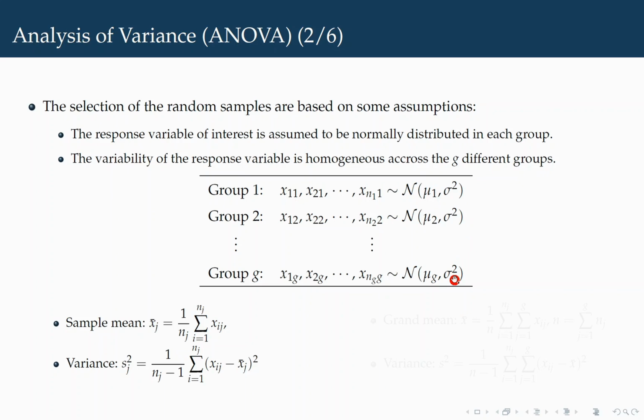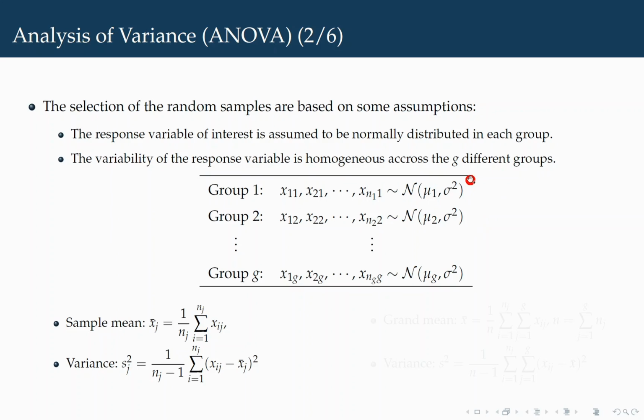So we have these two main assumptions in taking random samples from each of the G different groups. One, the response of interest is normally distributed, and the other, the variability of the response of interest is homogeneous across the G different groups.